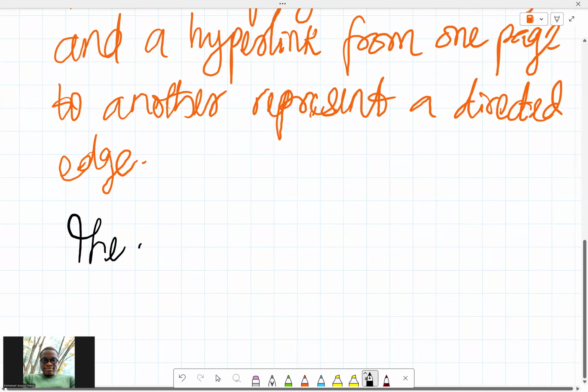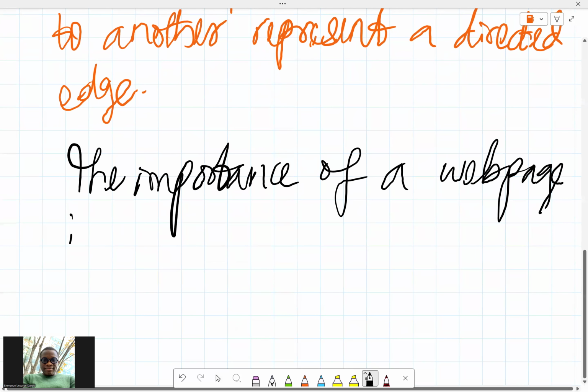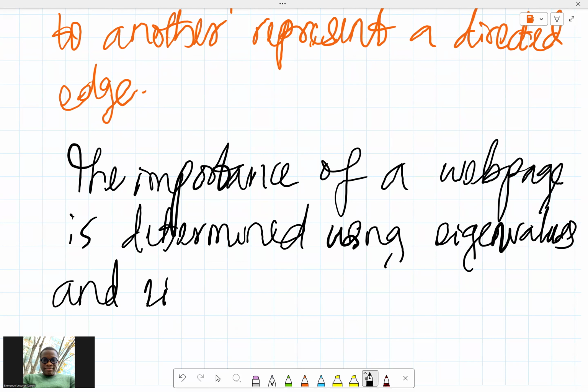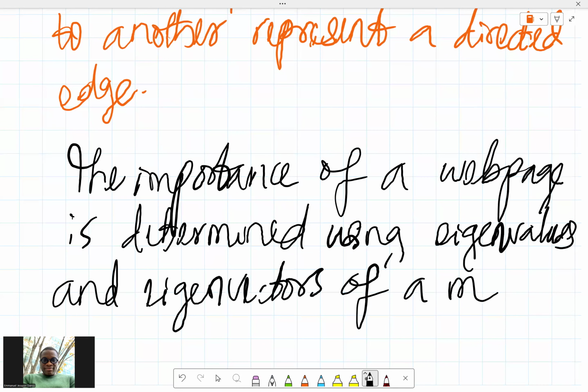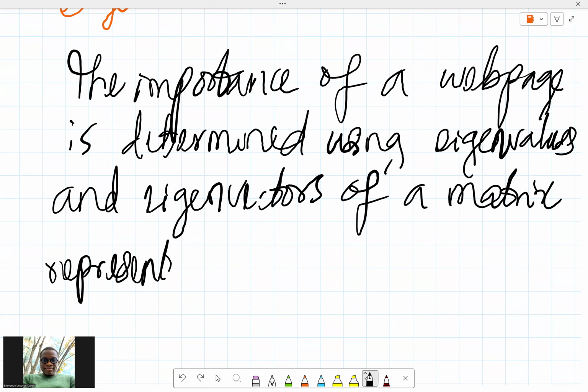So the importance of a web page is determined using eigenvalues and eigenvectors of a matrix representation of the web graph.